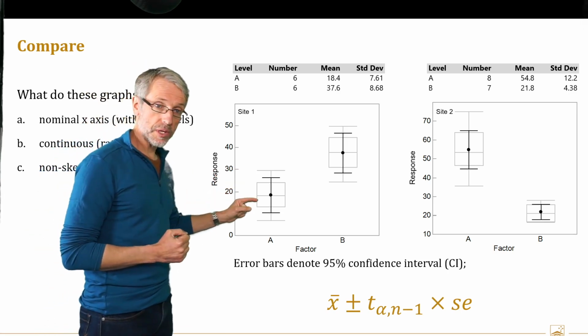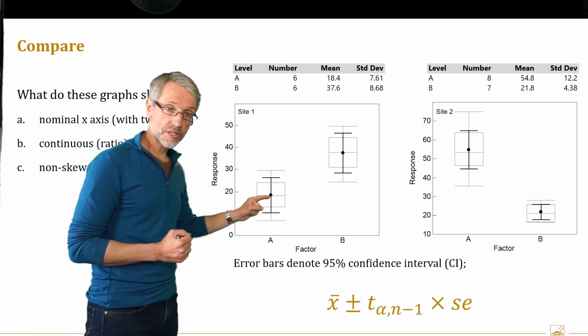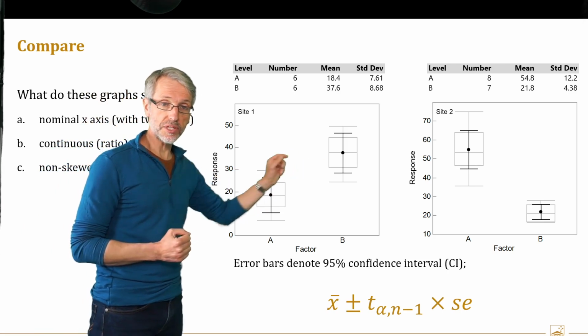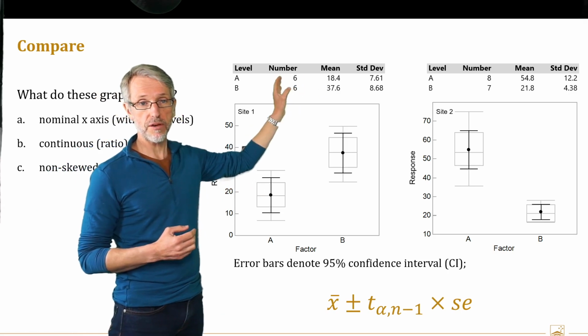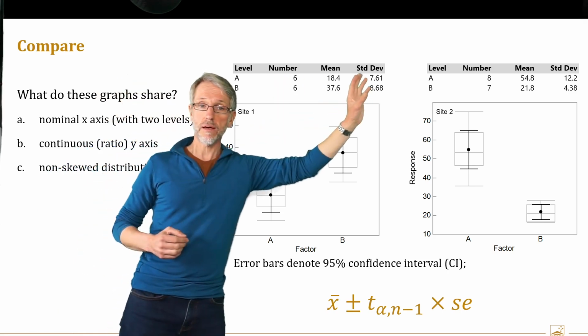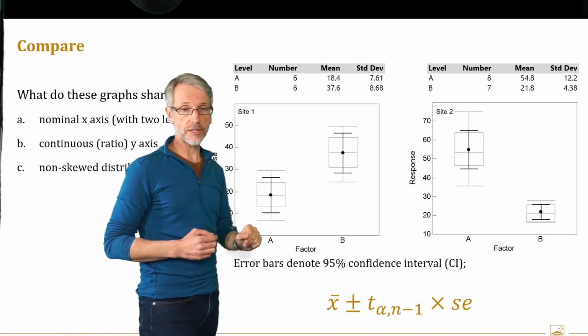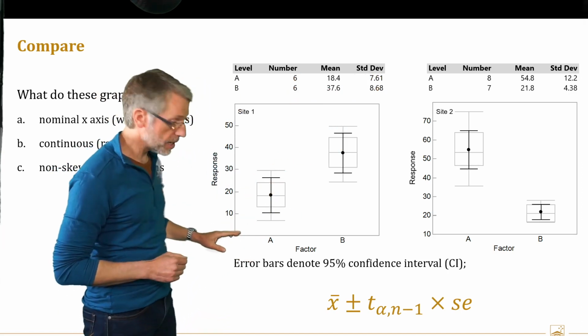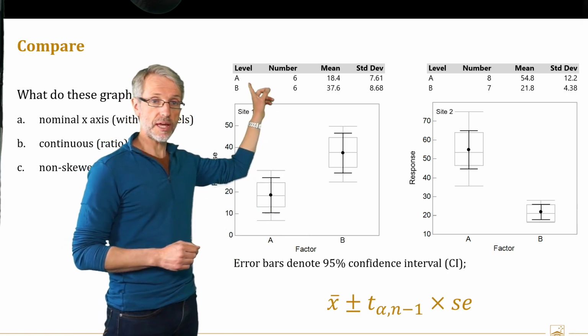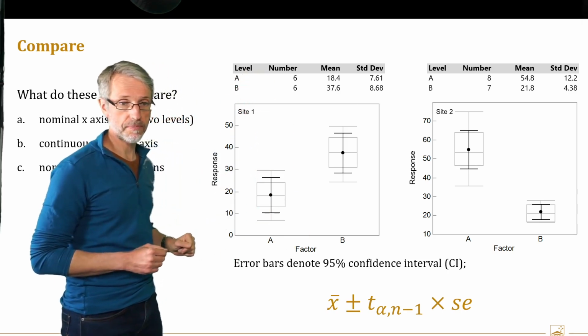So here we have inserted this dark point in the middle, which represents the mean. And you can see the mean represented up here for those two levels. And the same for the second site. So you have two means separated by level A and B. You can see that represented in both of the tables.